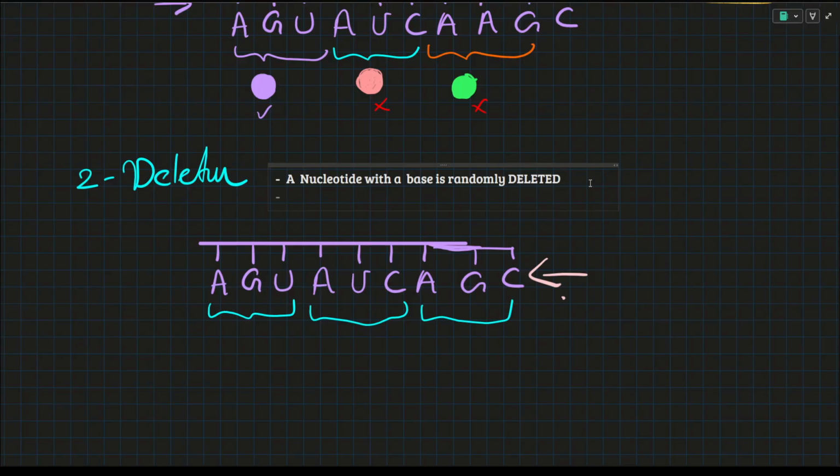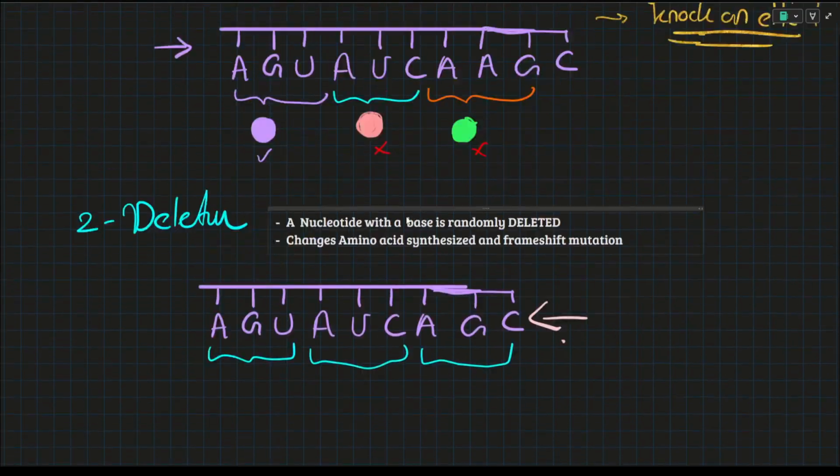A randomly deleted nucleotide changes the amino acid synthesized, and we have a frame shift mutation again. We have a frame shift mutation with another knock-on effect.